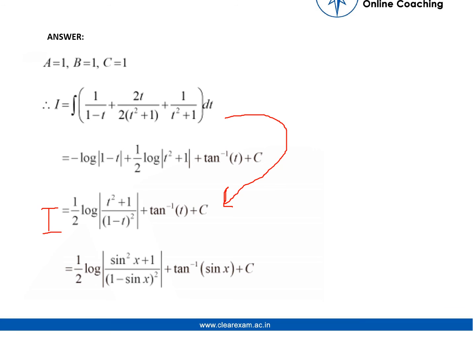Now putting back the values we let before, we'll get the value of I as 1 upon 2 log of (sin square x plus 1) upon (1 minus sin x) whole square plus tan inverse sin x plus c.